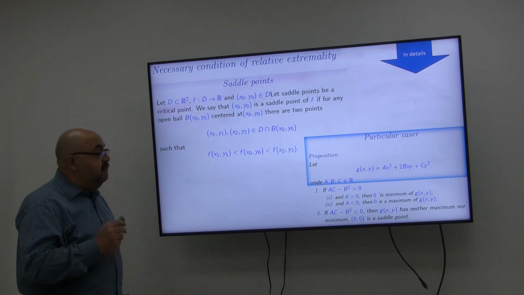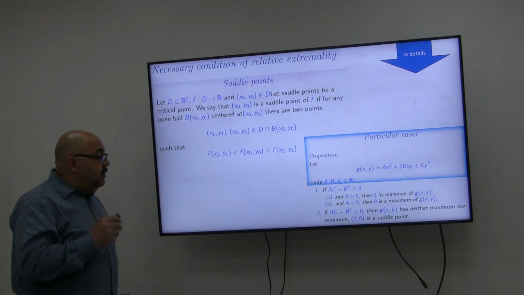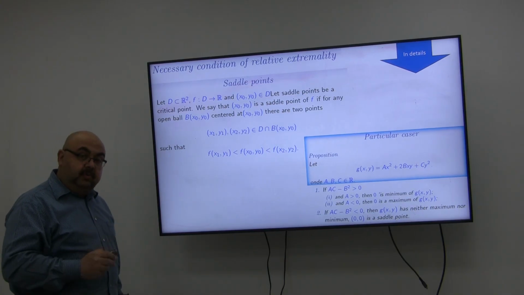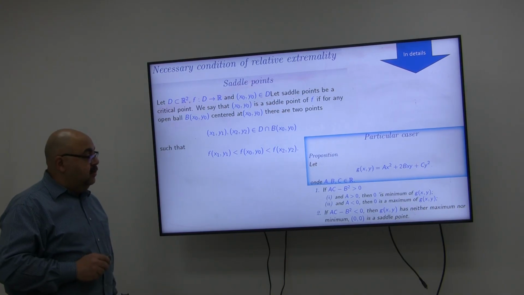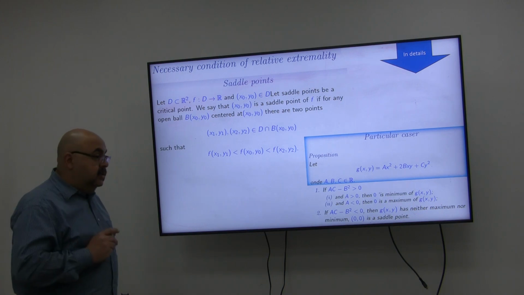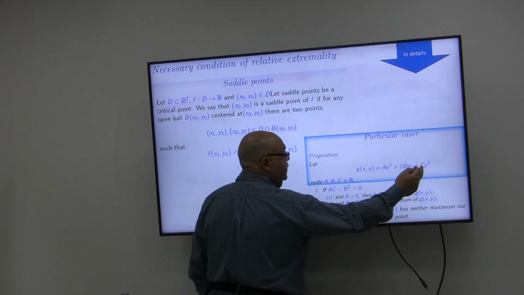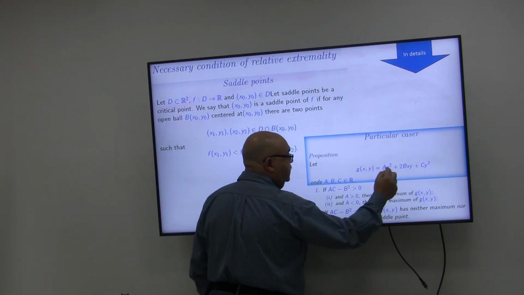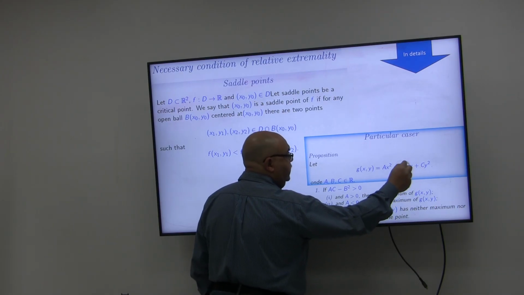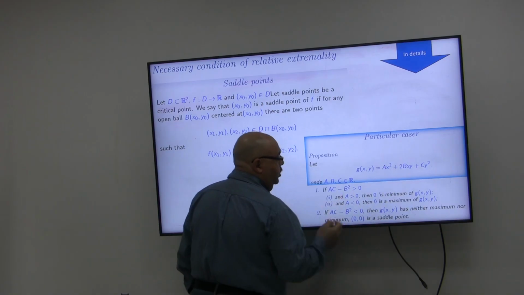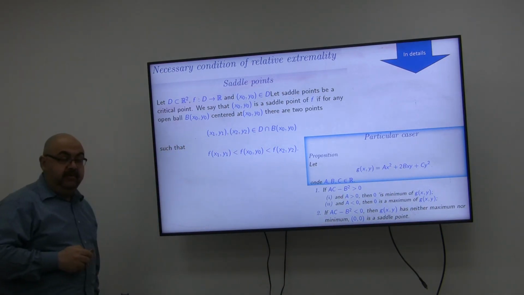And this is a very particular case if your function is ax squared plus bxy plus cy squared. And now you can see the first element, the constant, the coefficients. But for the coefficient of xy, I will divide it by 2 in order to get the value.